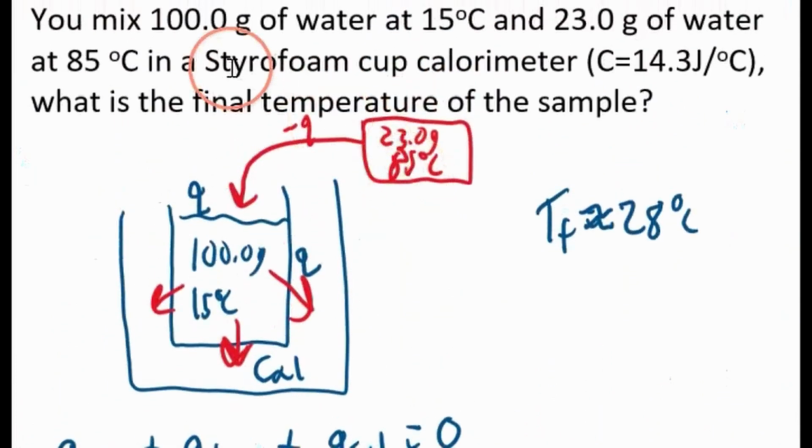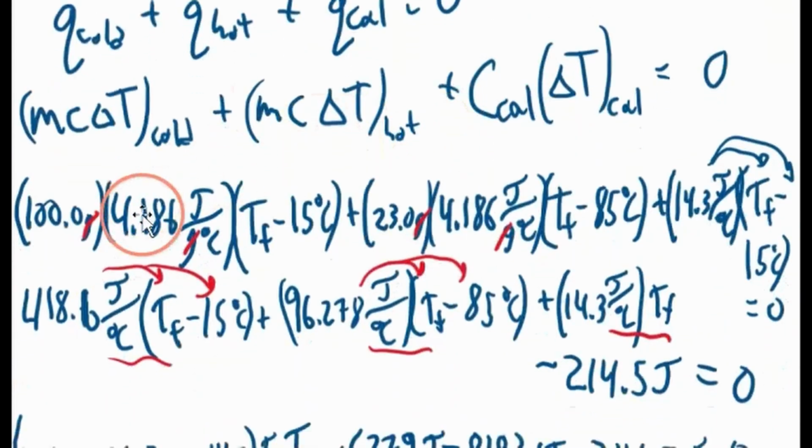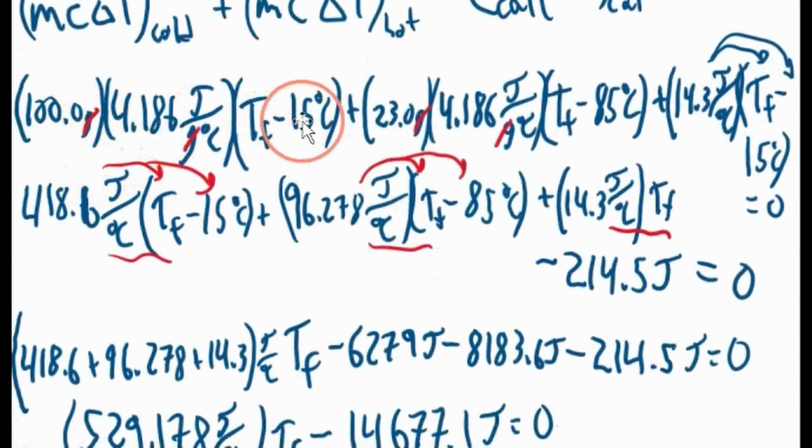And sig figs. We have 2 in the temperature, and we have 1 decimal place, 2 sig figs here. So this is a whole number. It's 2 sig figs. So these numbers here only have 2 significant digits. This is 85, and this one only has 2 as well.